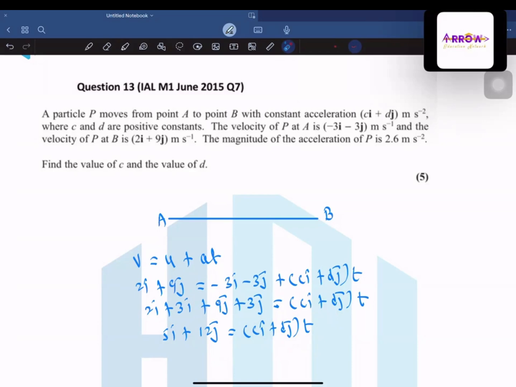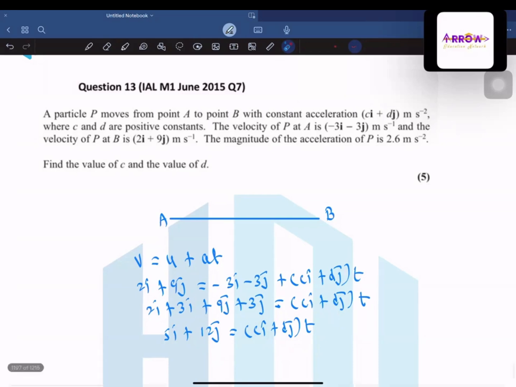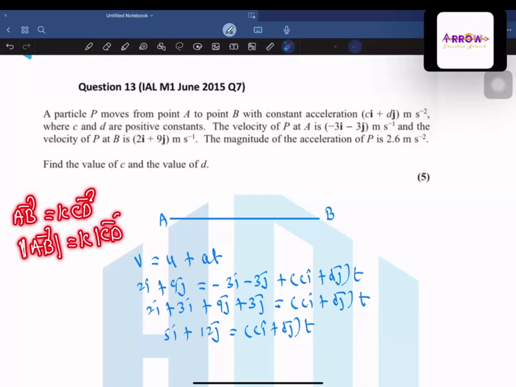When one vector is a scalar multiple of another vector, this is a concept which you have been studying since O-level IGCSE mathematics. Let's say one vector is AB and the other one is CD. If I say that AB vector is a scalar multiple of CD vector, this essentially means that the magnitude of AB vector is equal to k times the magnitude of CD vector.